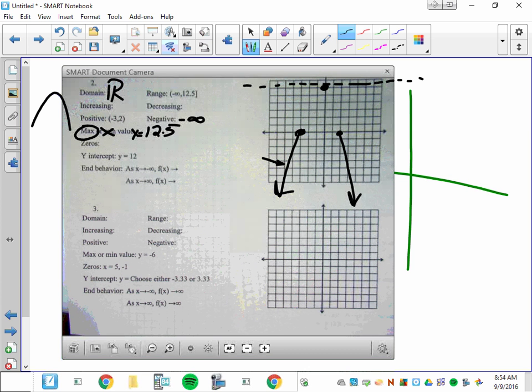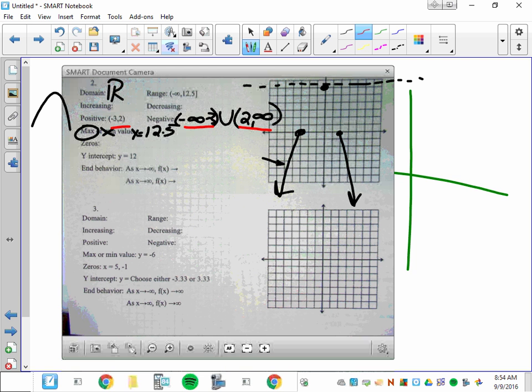What's the biggest x for that left side? Negative 3. And we need to union that with, what's the smallest x on the right side? 2. And the biggest x? Infinity. And again, if you look at these 3 intervals, they take up the entire number line. Negative infinity to negative 3, negative 3 to 2, and 2 to infinity.